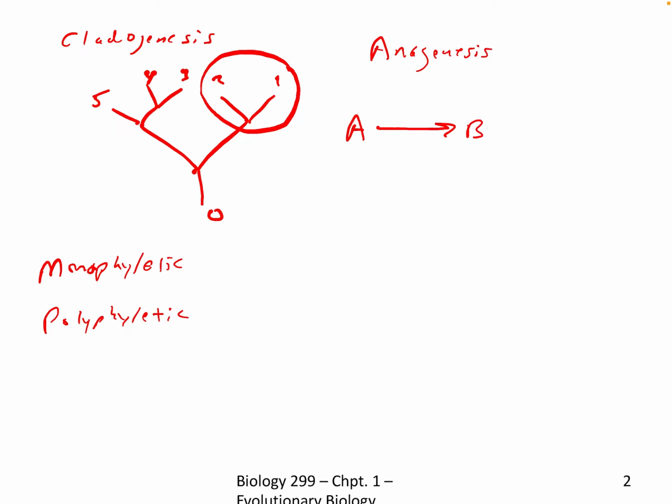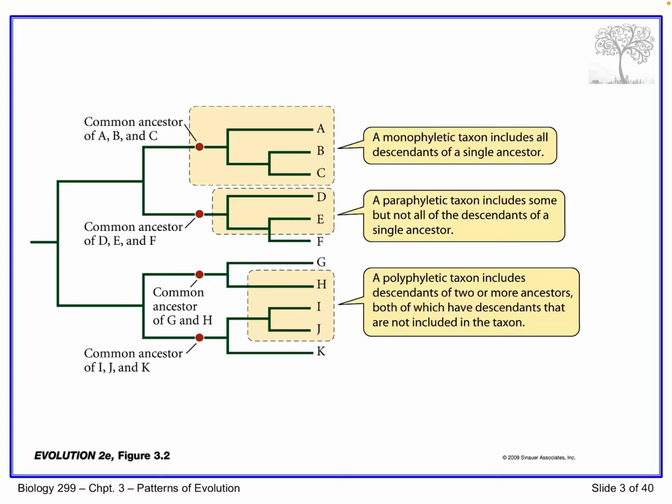So in polyphyletic, you have unrelated taxa that have descended from two or more common ancestors, but they're grouped into the same taxon, like the same class. All right, then we have, finally, what's called paraphyletic taxa. This is a taxon that includes some, but not all, descendants of a single common ancestor. All right, this may sound confusing, so let's look at this next figure here to try and clarify.